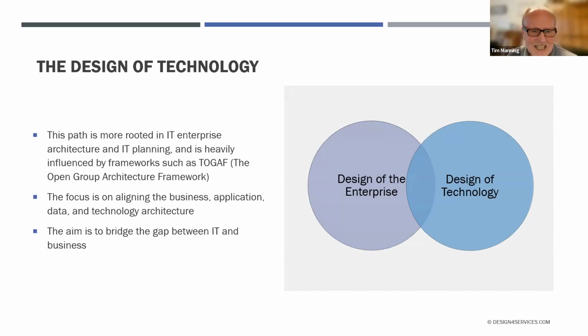And its lens is that to design the IT, we need to understand the business. We need to understand the business architecture. And so business architecture is purely there to serve IT design and development, and very little else. And that's created a different approach in terms of business architecture.